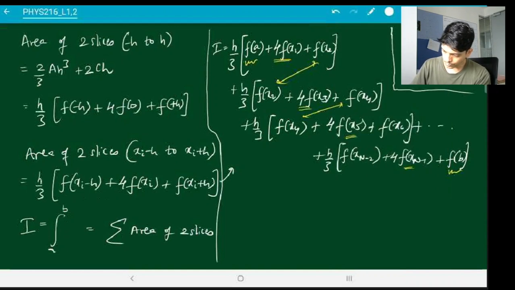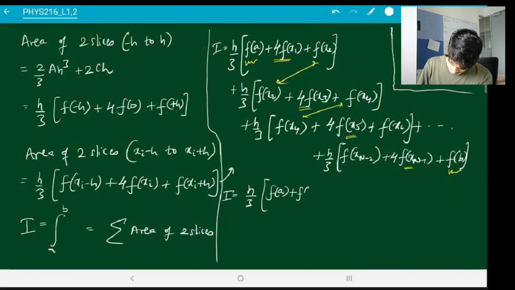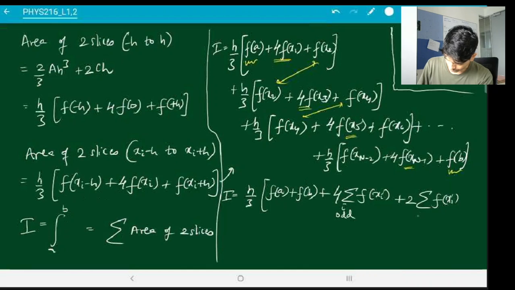So I can put these together and I can say I is h by 3 times f of a plus f of b, that's the first and last point, plus 4 times the sum over all the f of xi's where i is odd, plus 2 times the sum over all the f of xi's where i is even.